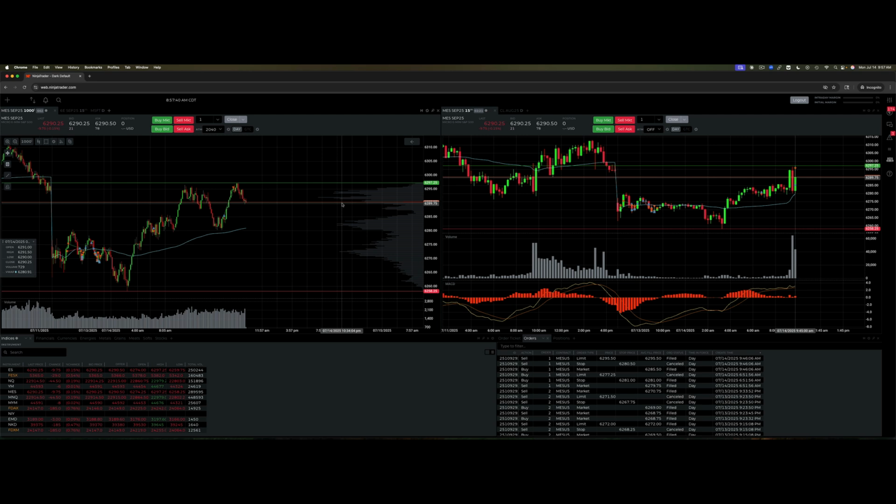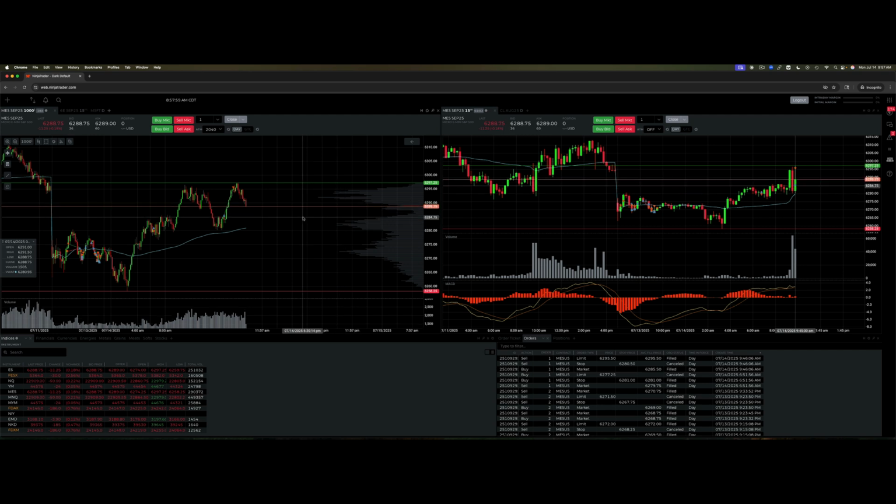So if it drops here, I think that's what these ranges are all for. So I think this is probably going to drop down to here once it hits. We'll see. Maybe, maybe not. Maybe I don't know what I'm talking about.